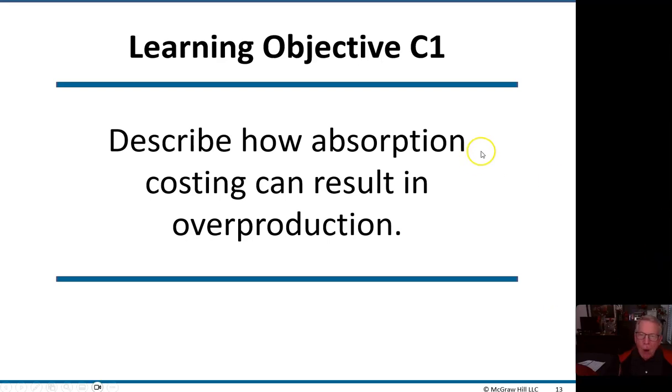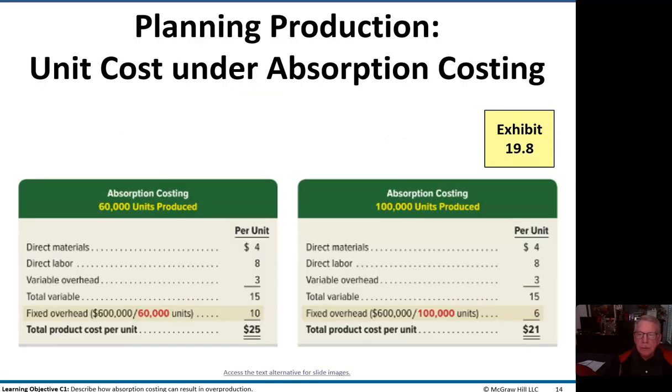Now, how then does absorption costing result in overproduction? Well, here, if I'm planning production, unit costs under absorption costing, we know these numbers, same numbers as we've been using here.